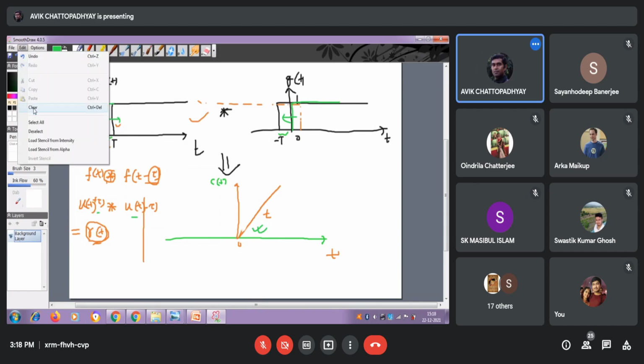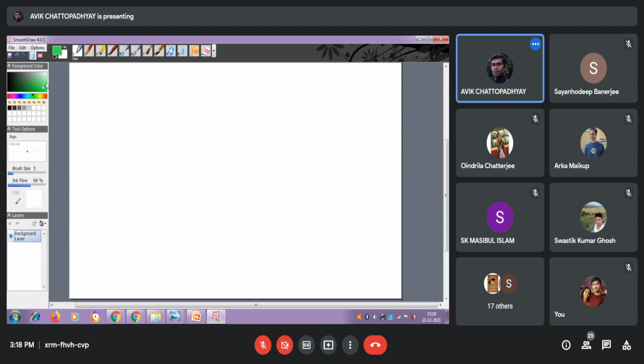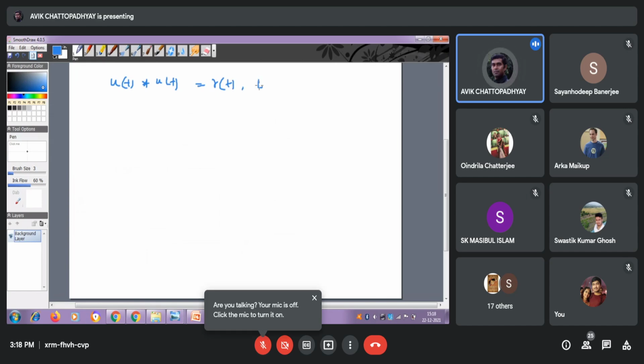Now, we learned that if we do the convolution between two unit step functions, u(t) convolved with itself, then we get a ramp function, with t valid from 0 onwards.